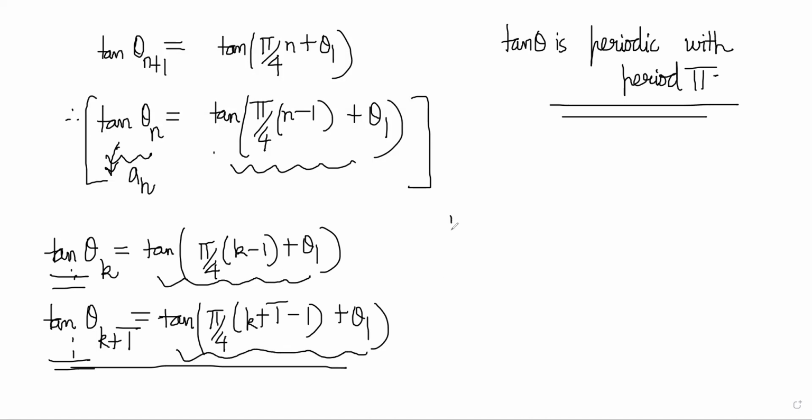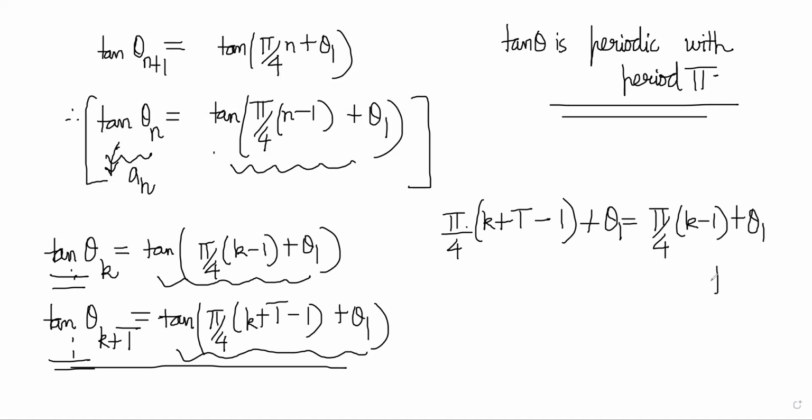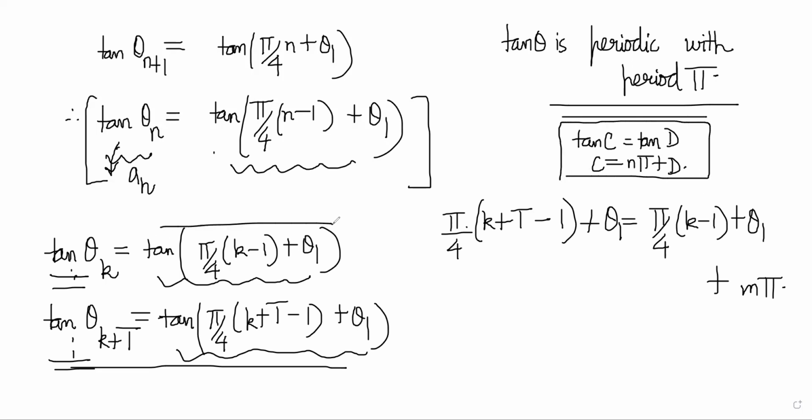The only way that happens is when the larger angle is n pi plus the smaller angle. That is how you solve a trigonometric equation involving tan. So we should say this angle plus m pi, right? Because when we have tan C is equal to tan D, we can say C is equal to n pi plus D, the general solution, right? So that is what I'm doing. When this is equal to this, I'm saying the bigger angle is equal to this angle plus m pi.